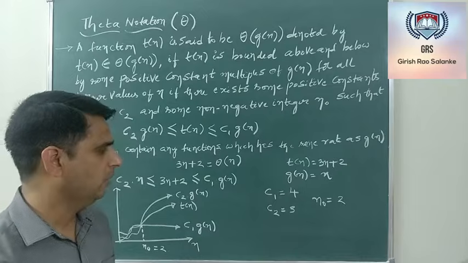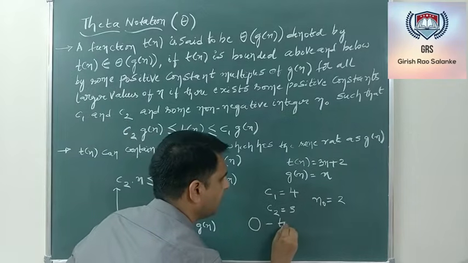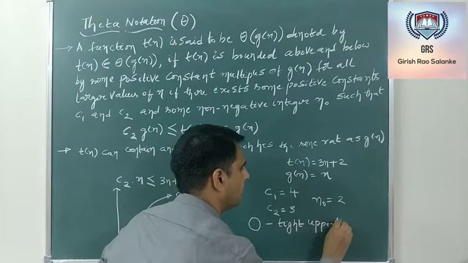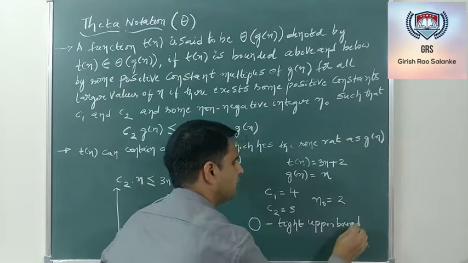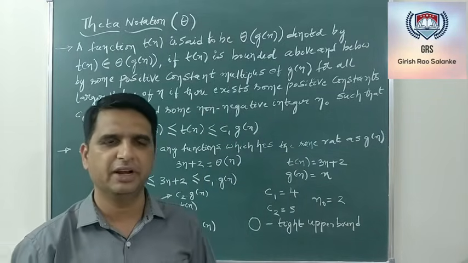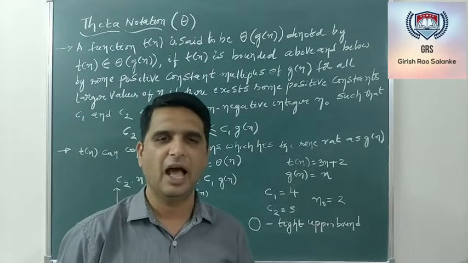And finally, to conclude, I can say that big O notation represents the tight upper bound. Please don't get confused with respect to the worst case time complexity. I have seen that most students get confused between asymptotic notations and the best case, worst case and average case.